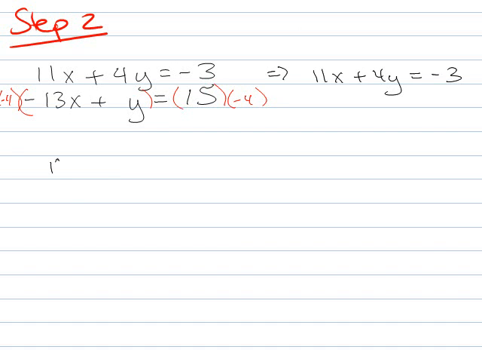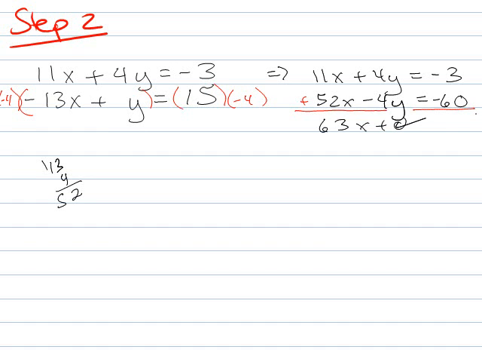And then 13 times 4 is 52. 52x minus 4y. And then that's minus 60. Add them straight down. Please let these not be ugly numbers. Plus 0, so that's good, equals minus 63.